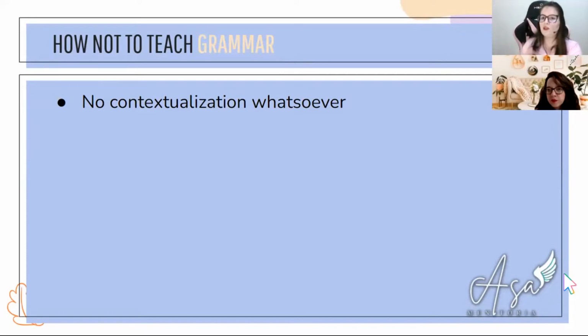So you should involve your students in the topic of your class, get them to talk as much as they can about that so they can get familiarized and comfortable with that theme. And then from the theme, you introduce the grammar, right? So no contextualization is really bad for students because it's important that they understand why they're being taught that grammar topic, you know, so that's what contextualization is for.